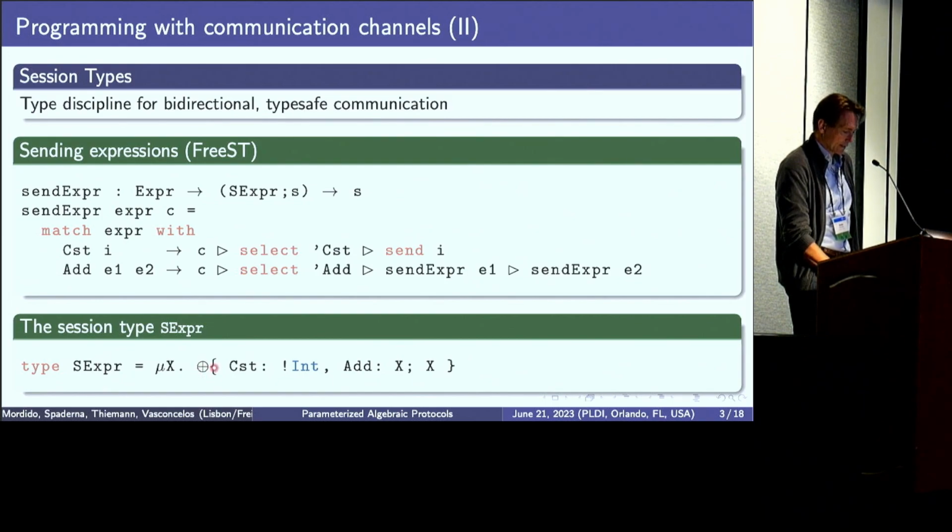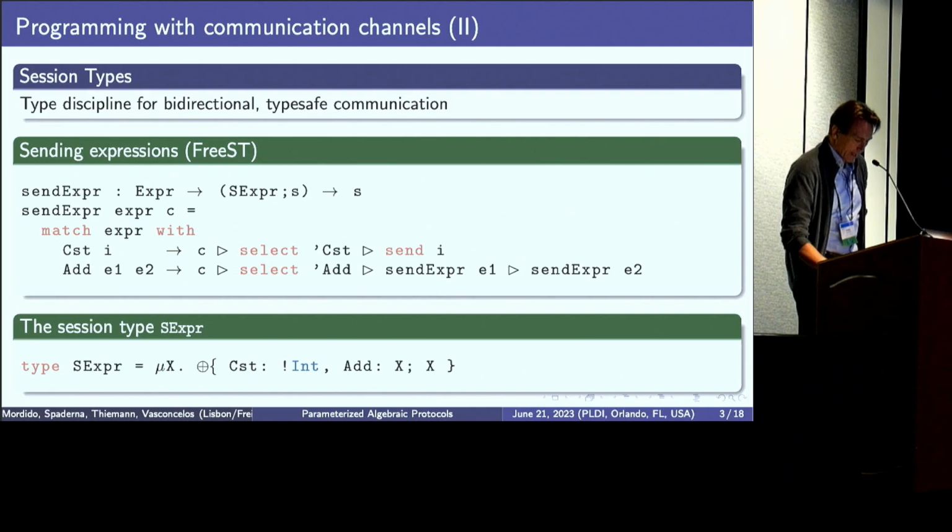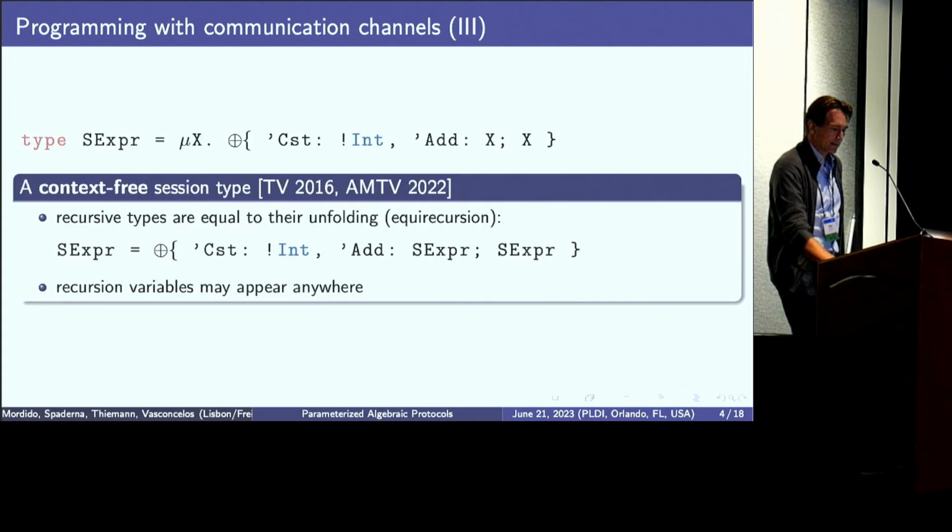So this internal choice operator tells you that you, as the sender here, have a choice between two commands, constant or add, and then if you choose constant, then you have to send an integer. Otherwise, if you choose add, well, then you have to execute the protocol recursively 2 times in a row. So this semicolon operator is sequencing.